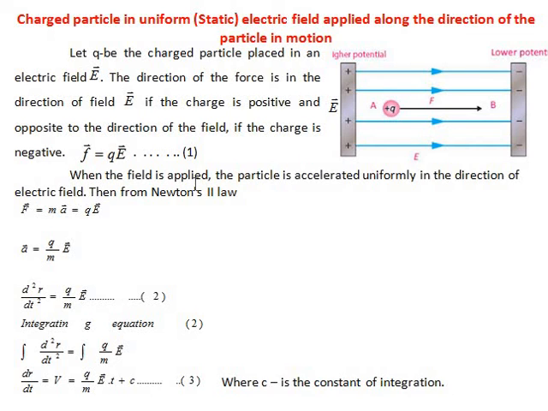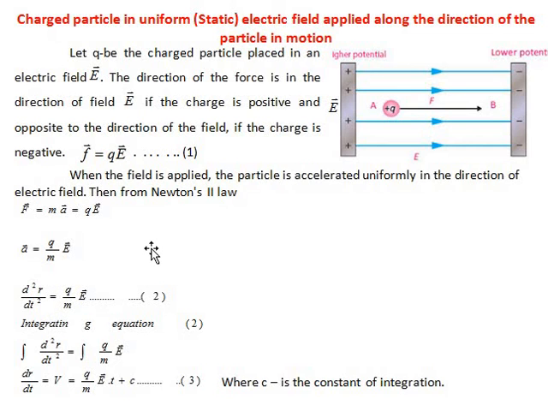When the field is applied, the particle is accelerated uniformly in the direction of the electric field. Then from Newton's second law, force is equal to mass into acceleration, and from our relation, force is equal to Q into E. We also know that acceleration a is equal to Q divided by m into E. So what is acceleration?